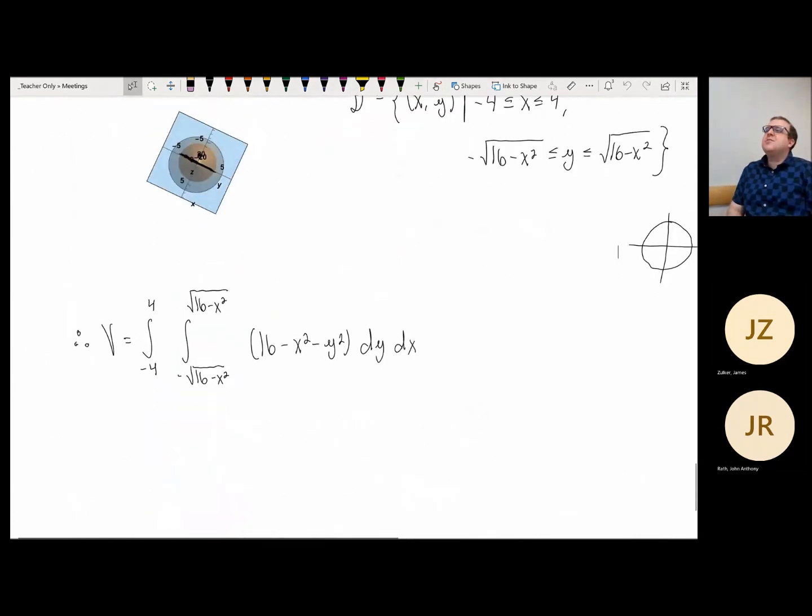As was the case with the last problem we looked at yesterday, right? Our region of integration is a circle, which means this is much easier to integrate in polar.